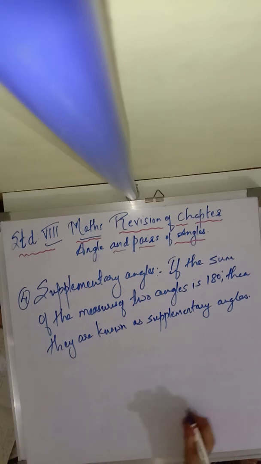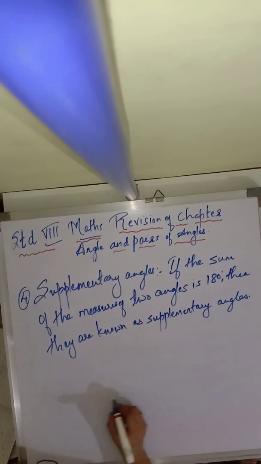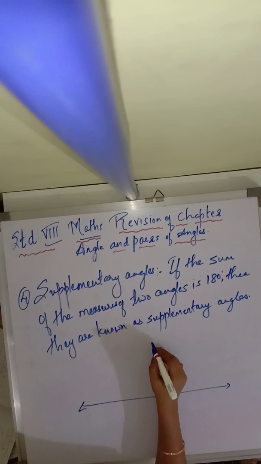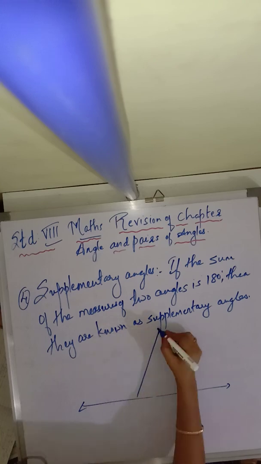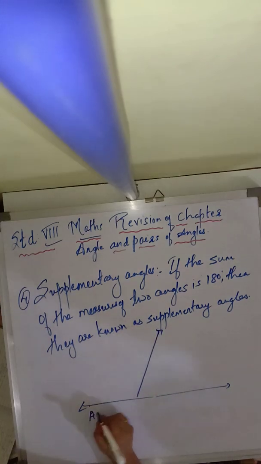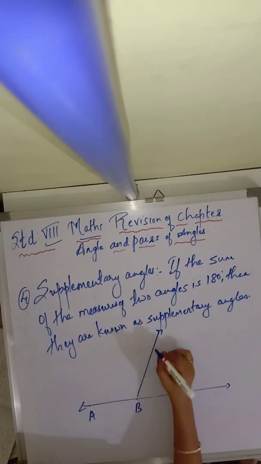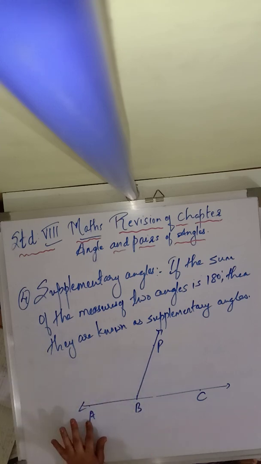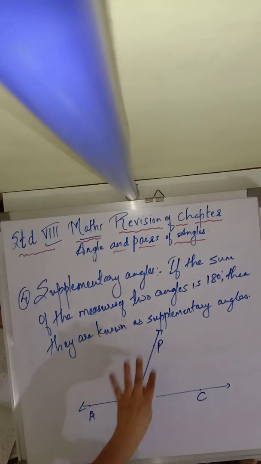Now suppose we draw a rough figure here, an angle. See children, how many angles are there here? Two angles, angle ABP and angle PBC.